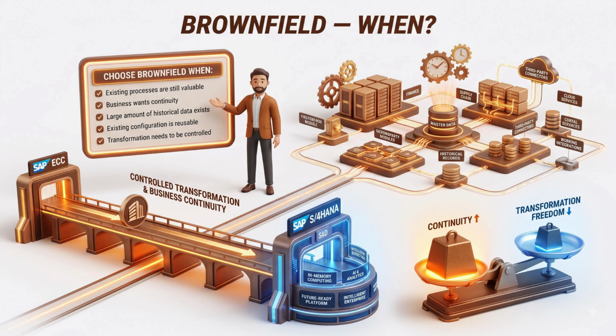Brownfield is generally attractive when the existing SAP system is stable and the organization wants to preserve its established processes and data. It can reduce the need to redesign everything from scratch. This can be particularly useful for organizations with complex business processes, significant historical data, and heavily integrated SAP landscapes.